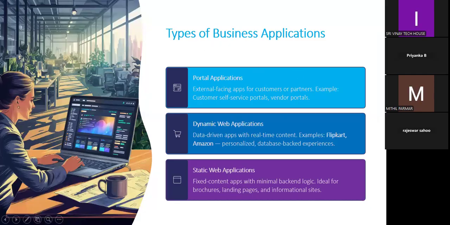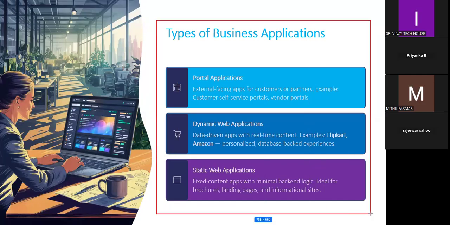So what types of business applications are there in the real world? We'll discuss the types of business applications now. One is the portal application, the second is the dynamic web application, and the third is the static web application.